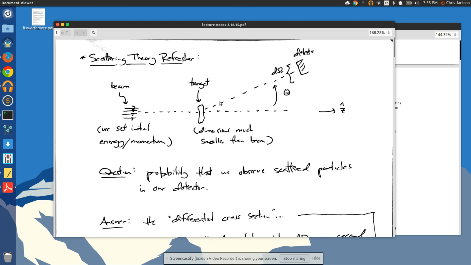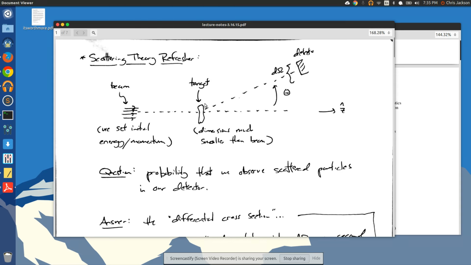The types of experiments we're considering are typically called fixed target experiments, because one of the particles that's interacting is stationary while the other's in a beam. We have some type of accelerator shooting these particles off, and we assume that we can control the initial energy and the momentum, or at least we know what they are, to a certain degree.